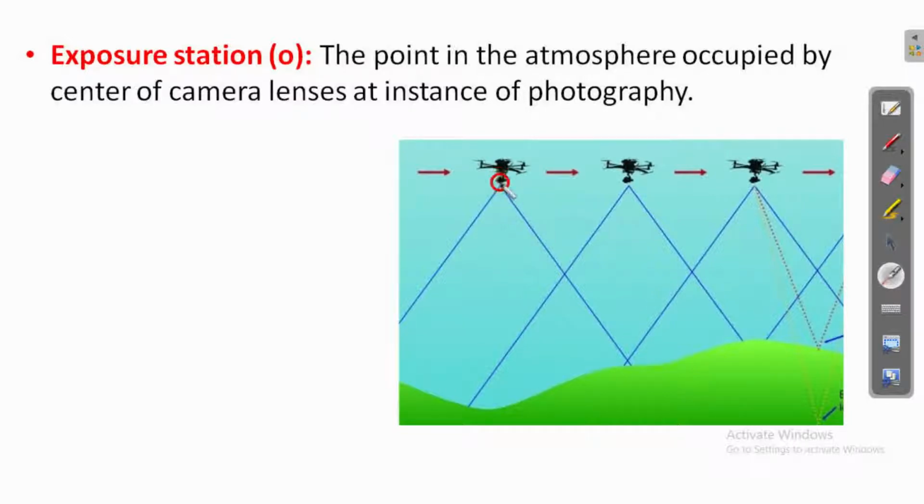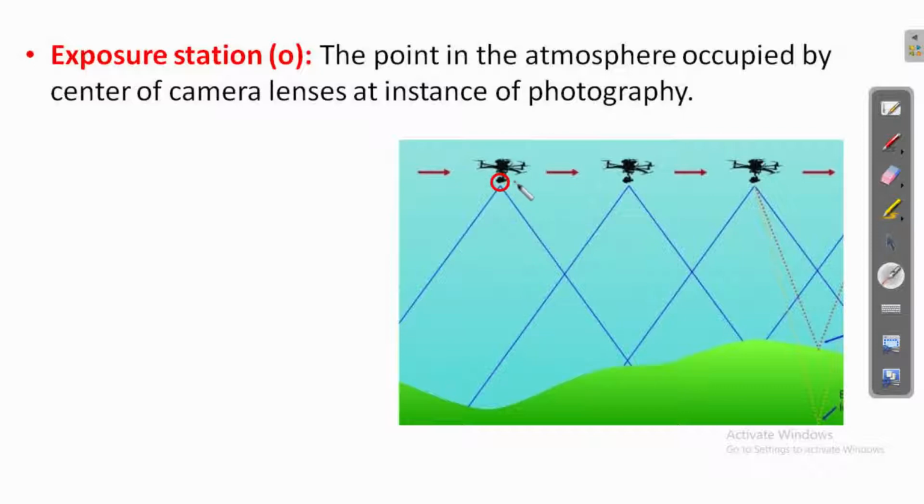In simple terms, when the camera lens is exposed to capture a photograph, that location is called an exposure station. Simply, exposure station means the camera station in the air.